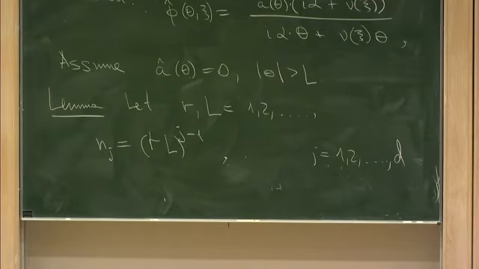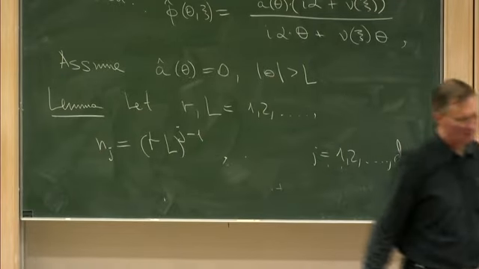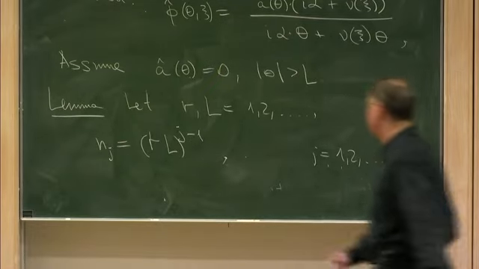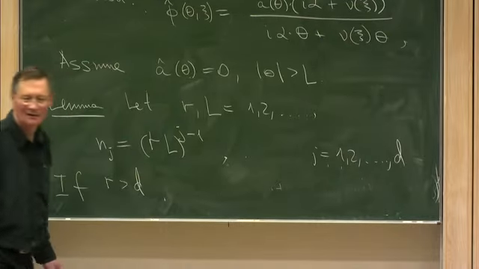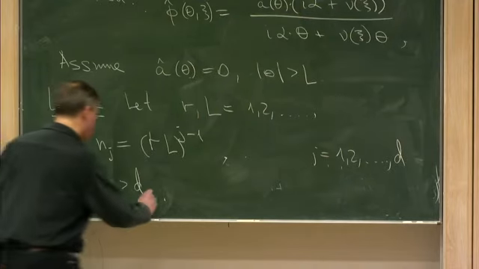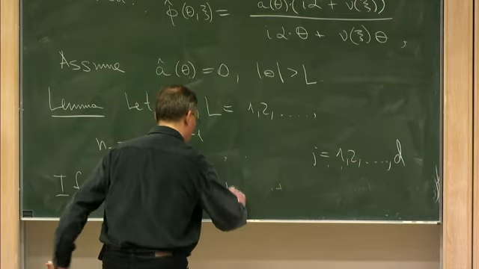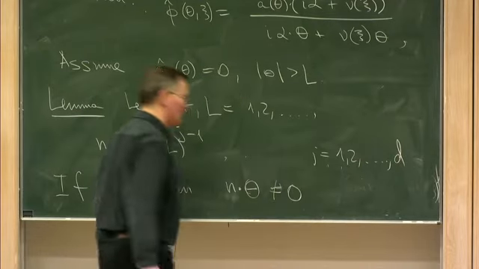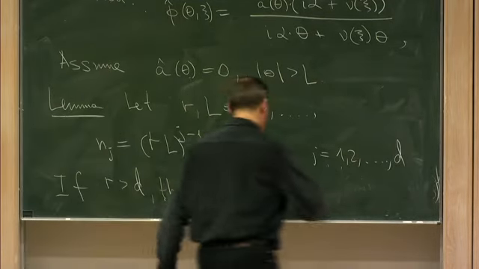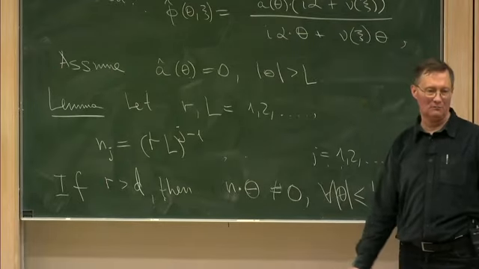And then, let me just check that. Yeah, that's correct. And then, is it greater? Hang on, yes. So if R is greater than d, if you take R greater than d, then n and theta is not 0 for all theta inside the ball.